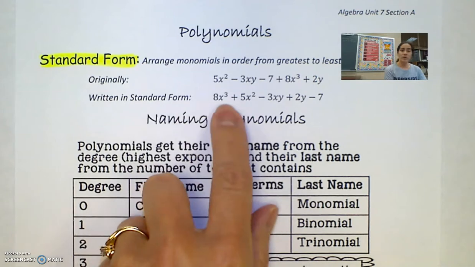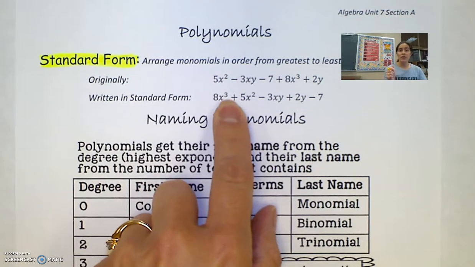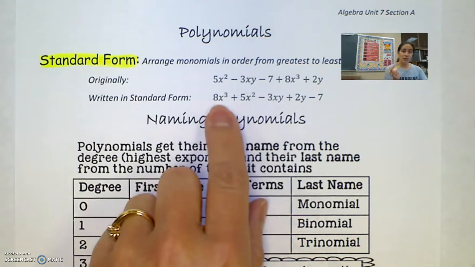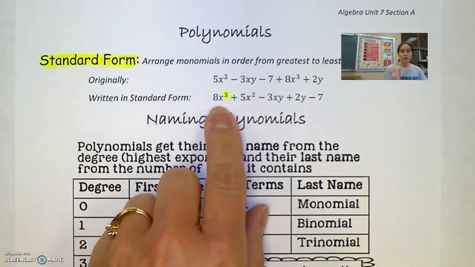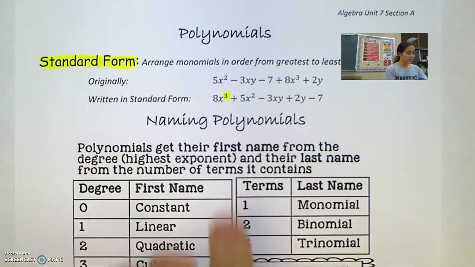So standard form is when we look at the exponents and their powers, and we want to put them in order from greatest down to least. So x to the third has the greatest exponent. So that is going to be the first one we look at. So we're not really looking at the 8, the coefficient, or the 5, or the 3, or the 2, or the 7. We're looking at the exponent with the variable.